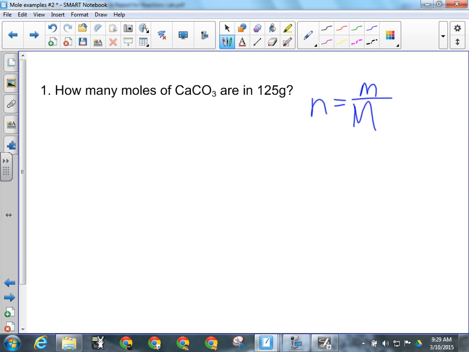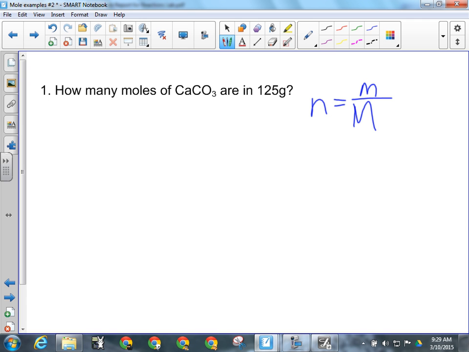Little m stands for mass in grams, and big M stands for molar mass in grams per mole. All right? And you can always calculate big M using what? Your periodic table. Okay? So you'll never have to solve for big M using the equation. You'll just have to figure it out from the periodic table.